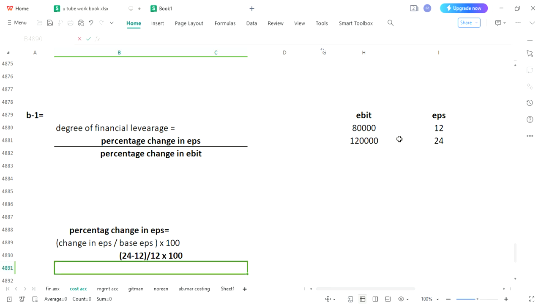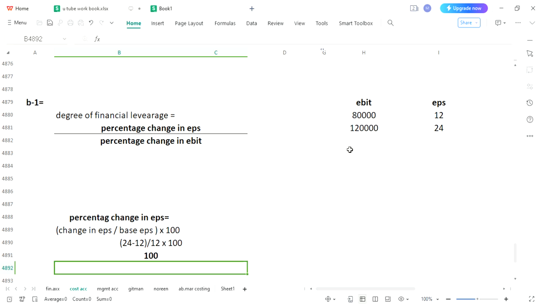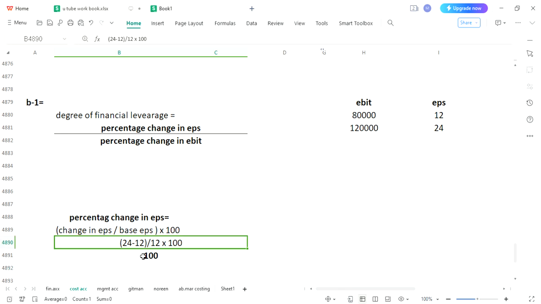Alright, so our statement has been completed. Now let's calculate it. First we will subtract 24 minus 12 and divide it by 12, which is the base, and then multiply it with 100. Let me put one more bracket over here. Okay, so we have calculated, this is your percentage change in EPS, and that is 100.